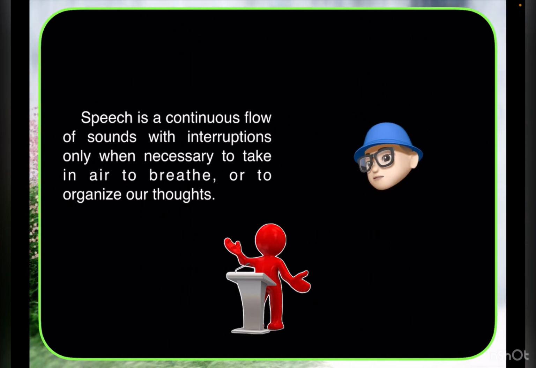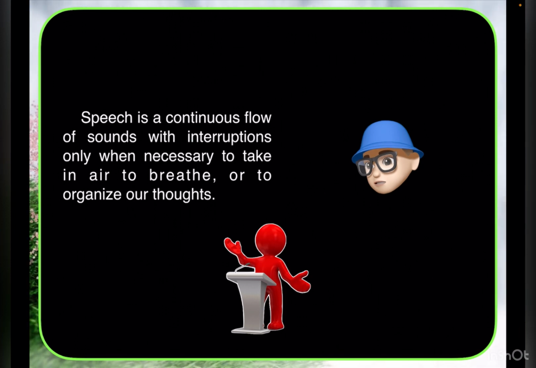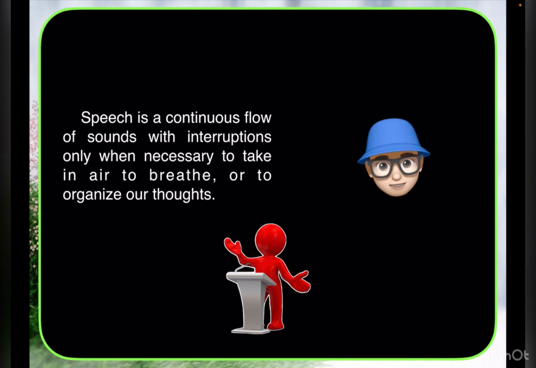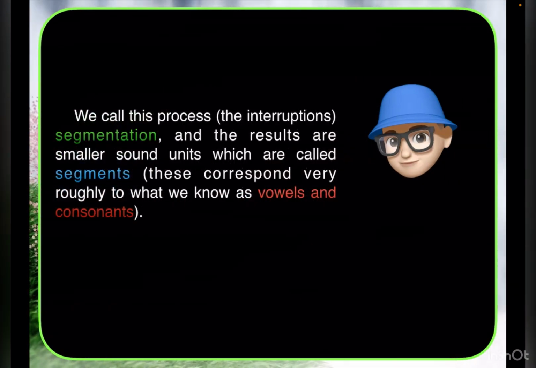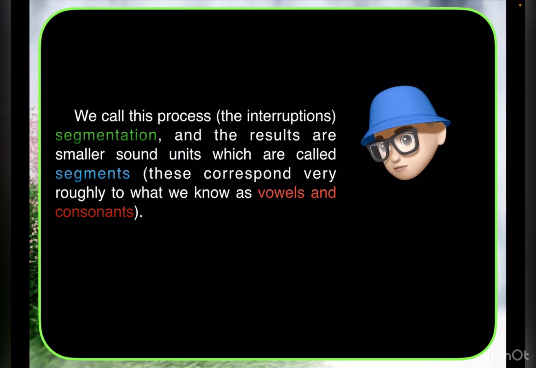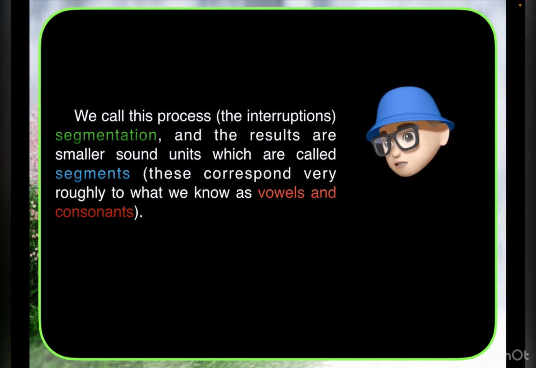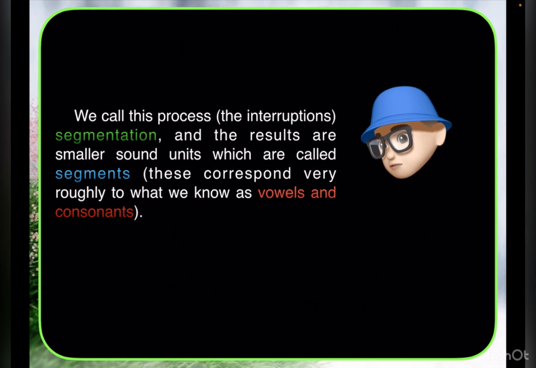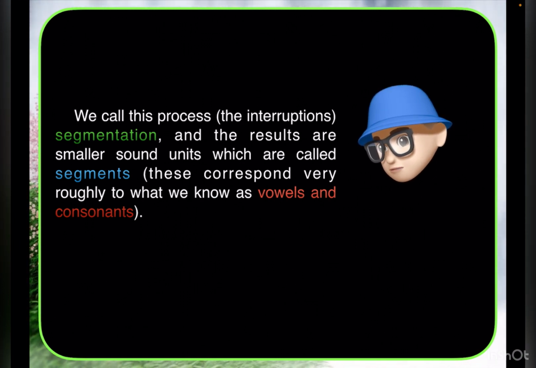Speech is a continuous flow of sounds, with interruptions only when necessary to take in air, to breathe, or to organize our thoughts. We call this process, the interruptions, segmentation, and the results are smaller sound units, which are called segments.